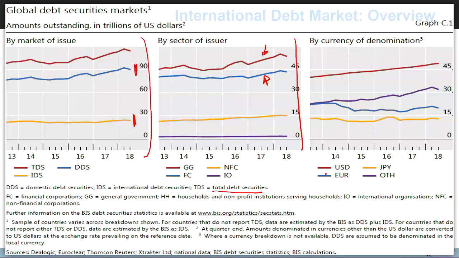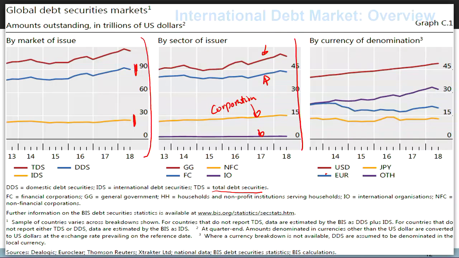So that's where we are talking about banks need to finance themselves. And then the yellow line here is non-financial corporations. So these are the corporate loans. And then these ones are for households and non-profit institutions.